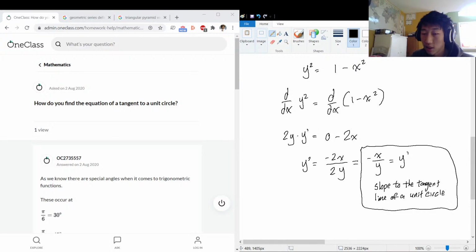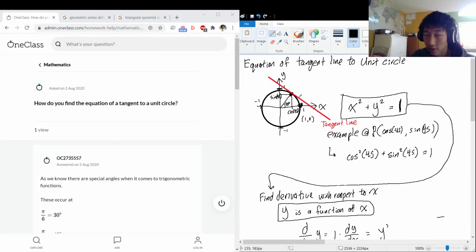And we're going to need to use that to help us find the equation of the tangent. So if we're trying to find the tangent, we found the slope. We're going to need to substitute in the point, negative x divided by y. That actually makes perfect sense.